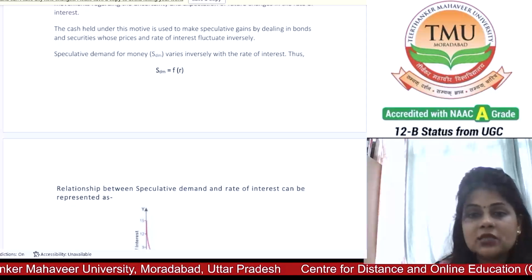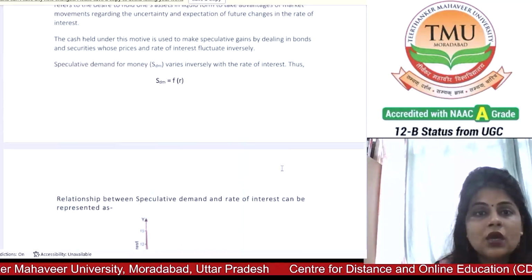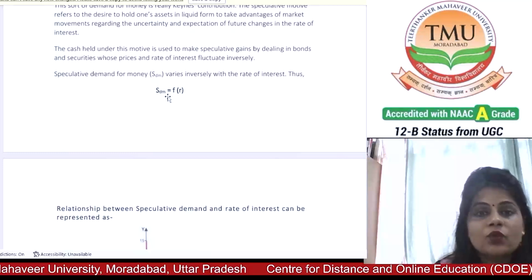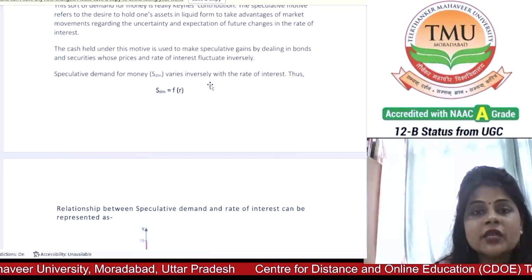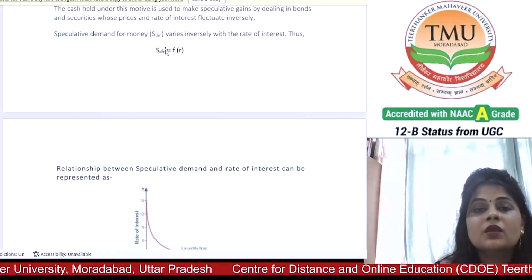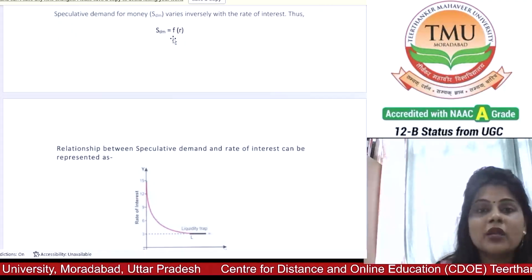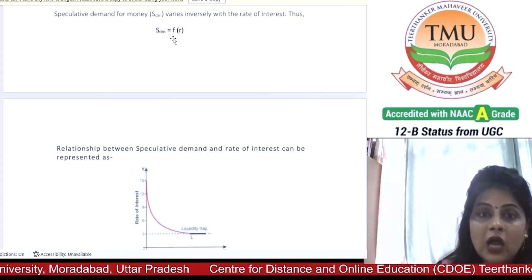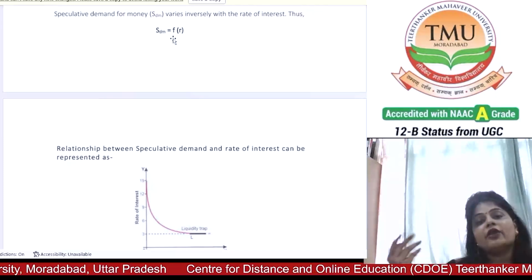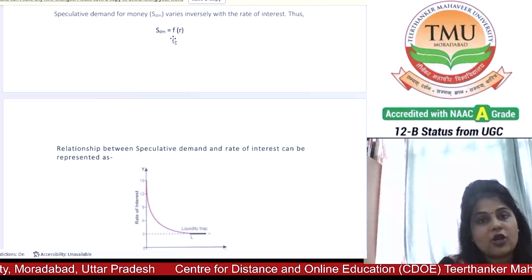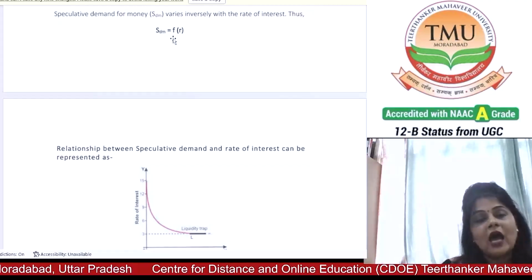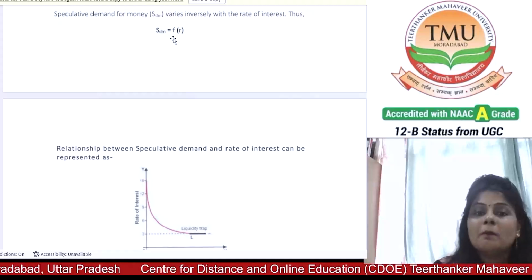According to Keynes, as you can see in this diagram also, speculative demand for money varies inversely with the rate of interest. Thus, speculative demand for money is a function of R, the rate of interest. The higher the rate of interest, the lower the speculative demand for money, and the lower the rate of interest, the higher the speculative demand for money.